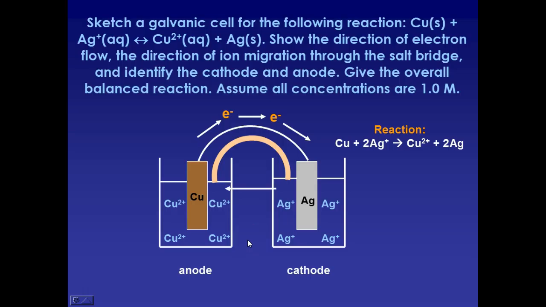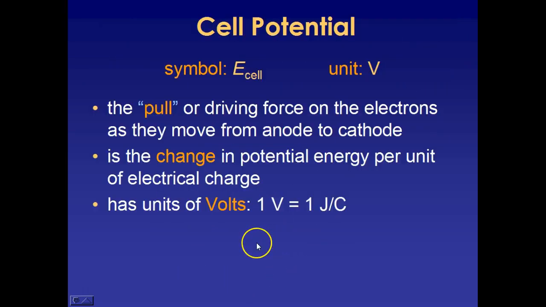We'll do that a little bit later. This part here is just showing how ions move. Because you made more positive ions, negative ions from the salt bridge move that way, while here, because you lost positive ions, cations move in to the cathode to balance out that decrease in positive charge. So the cell potential, the E cell, what you measured, basically was just the pull as the electrons moved from anode to cathode.